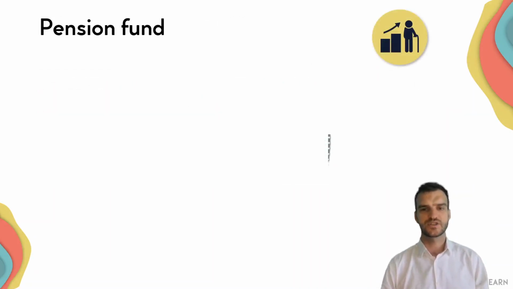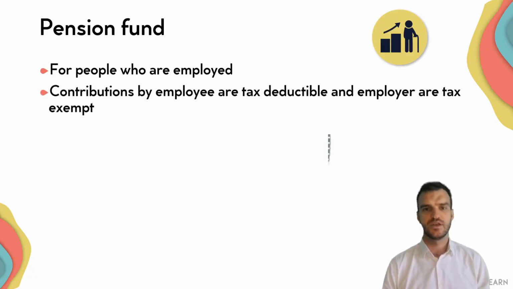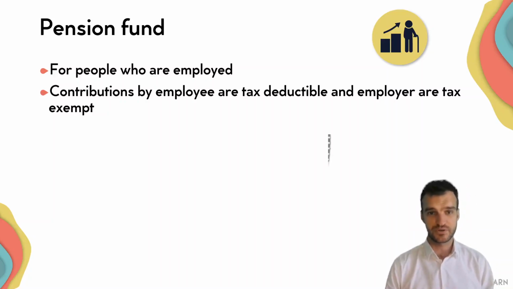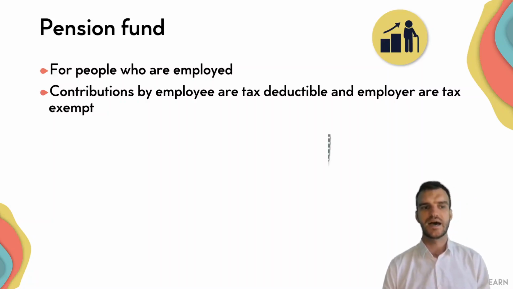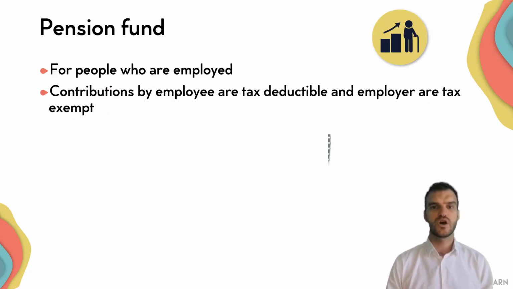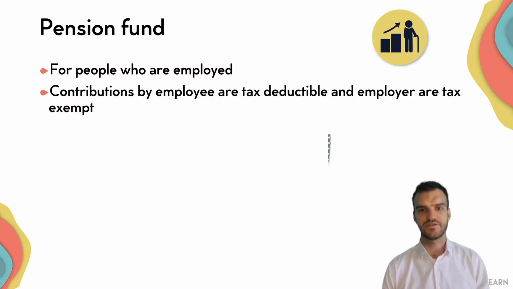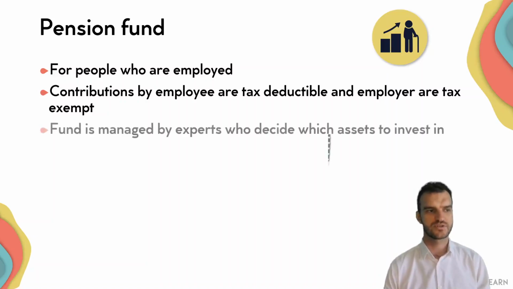So now let's look at what a pension fund is. Firstly, it is for people who are employed, and the employee and the employer will usually both contribute to your pension fund. The employee's contributions are tax deductible for the employee, and the employer's contributions are tax exempt, meaning that even though they might fall under the definition of gross income, the employee does not have to pay tax on those contributions.